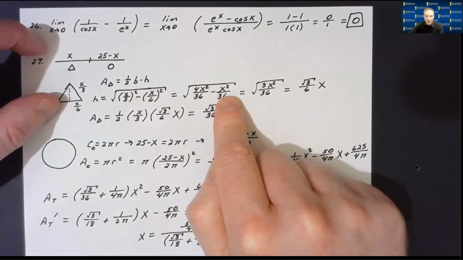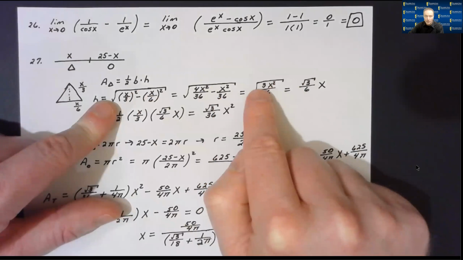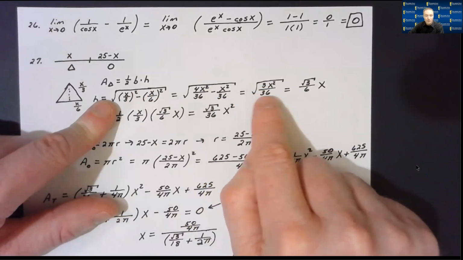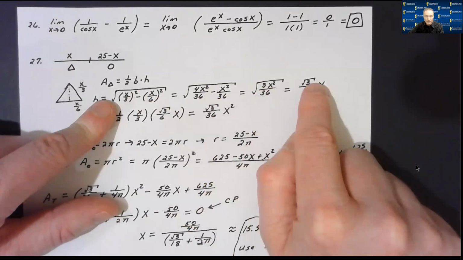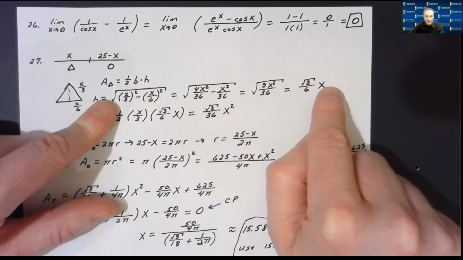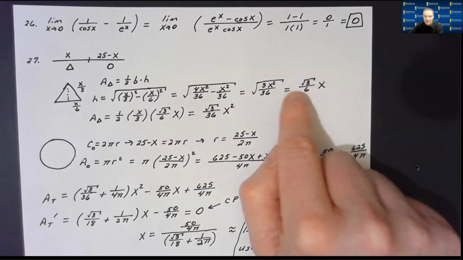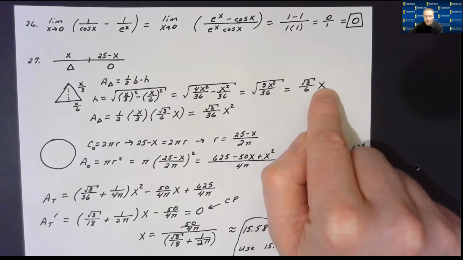And then I can subtract out and say, okay, then your height is going to be the square root of 3x squared over 36. We know the square root of 36 is 6. I'll have the square root of 3 up here that doesn't simplify, and the square root of x squared just simplifies as x. So it's better if you write the height as, hey, this is my coefficient, the root of 3 over 6 times the variable x.